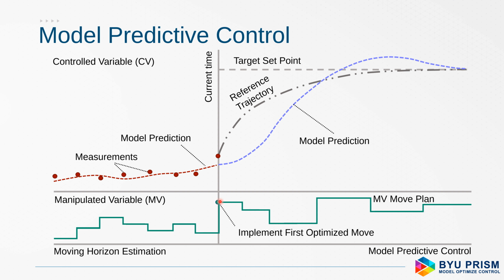And then we have our manipulated variable move plan. Each of these are decisions that the optimizer can make, deciding whether it wants to move it up or down to get it as close as it can to that reference trajectory. So in this case, this would be our reflux ratio, and this would be our concentration of the distillate.